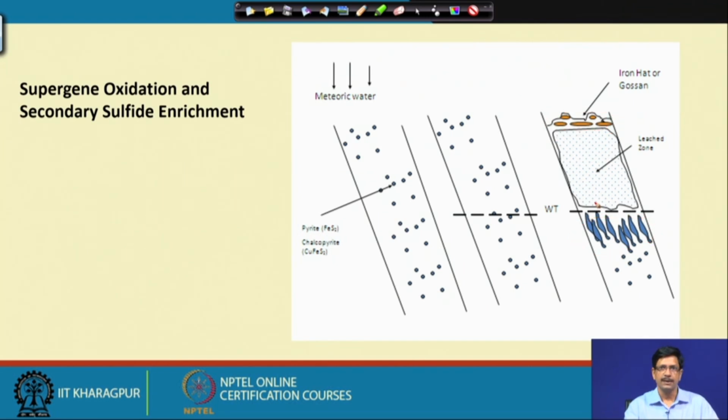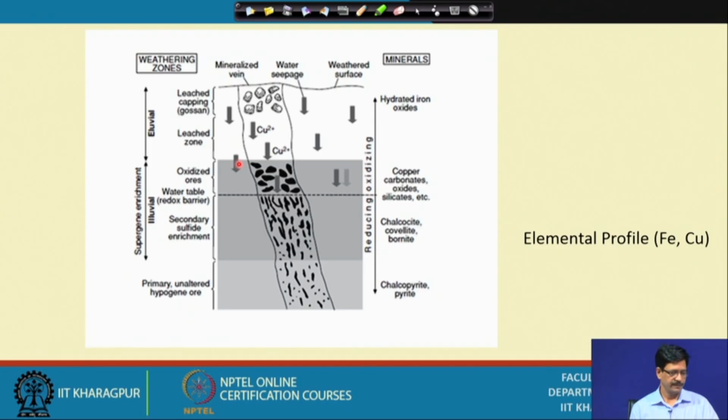So, now let us look at this profile diagram, shown again in a clearer way, where this zone is the alluvial zone, this is the leach zone, this is the oxide ore, and this is the surface leached iron oxide, which is the iron hat, and this is the chalcocite covellite.